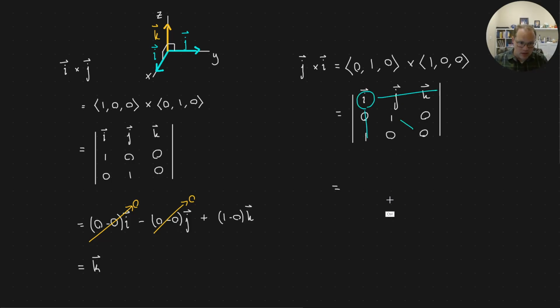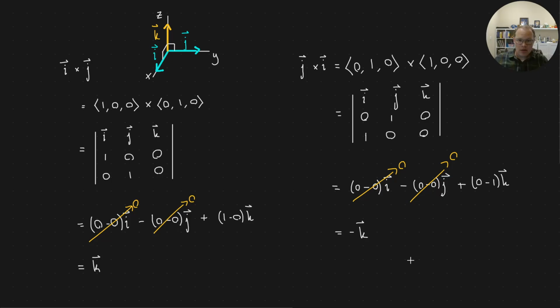And I get 0 minus 0i. And then for j, 0 minus 0j. And then k, 0 minus 1 times vector k. Plus, minus, plus. These are just 0. So all I'm left with is 0 minus 1k, or negative k.